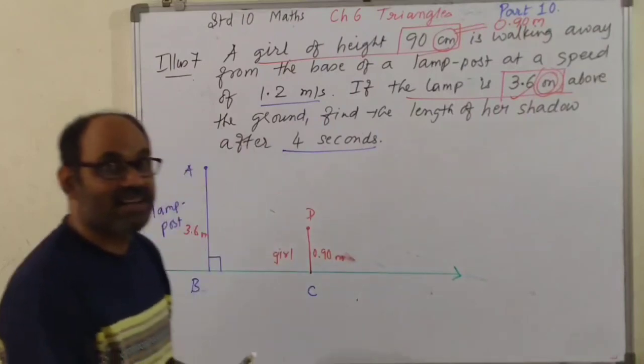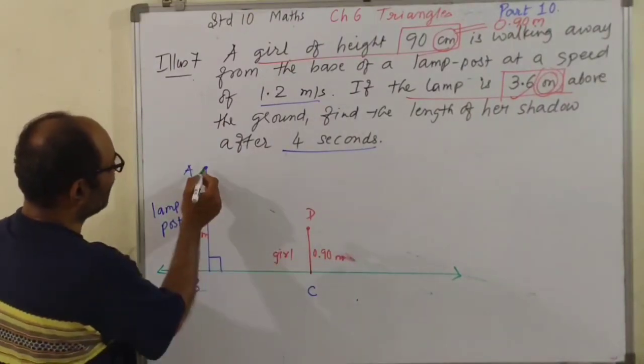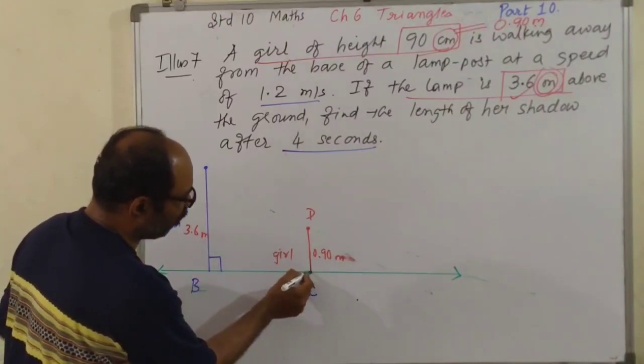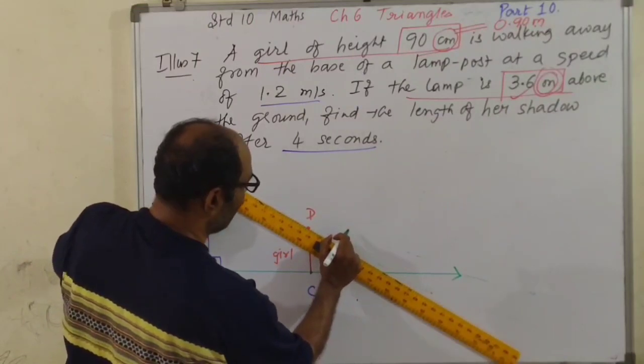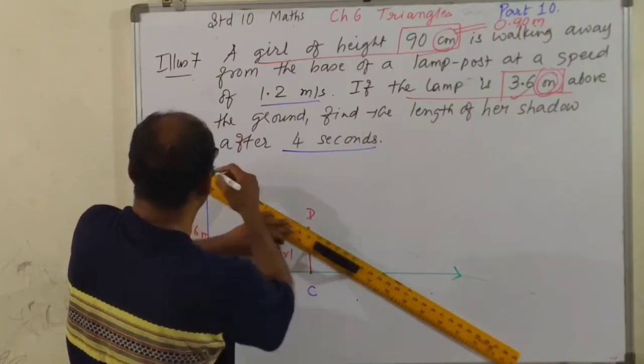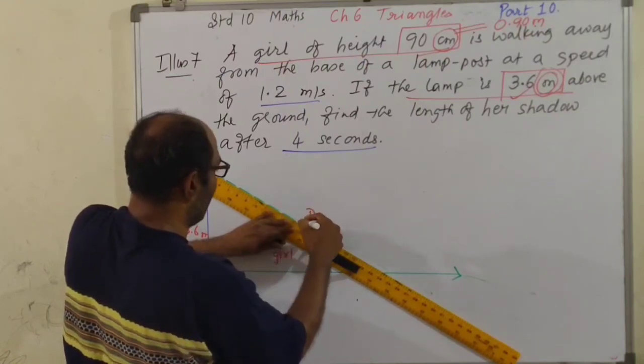Now tell me, children, when the girl is standing here, what is the shadow? The light passes through the head of the girl. I'll draw the dotted line, though not required.